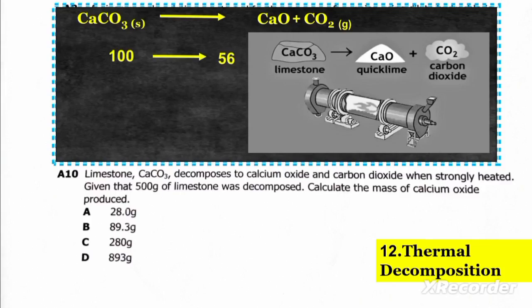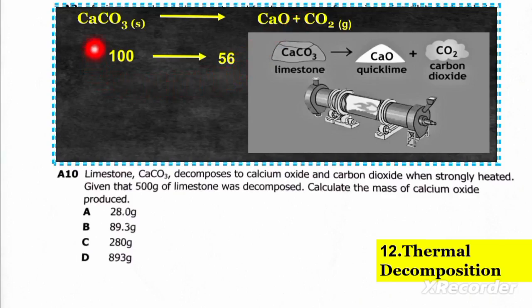So we are going to use the law of proportionality. The relative formula mass of calcium carbonate is 100, and the relative formula mass of calcium oxide is 56, or the molar mass of calcium oxide is 56.